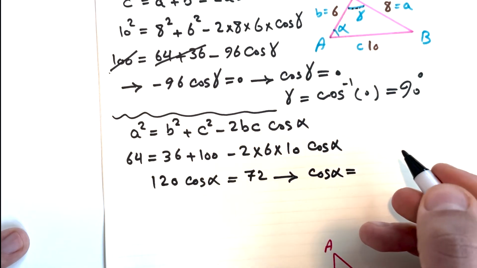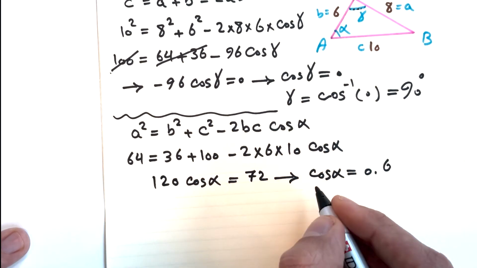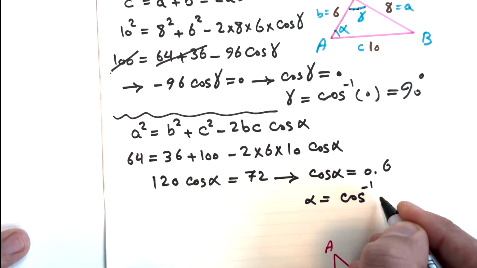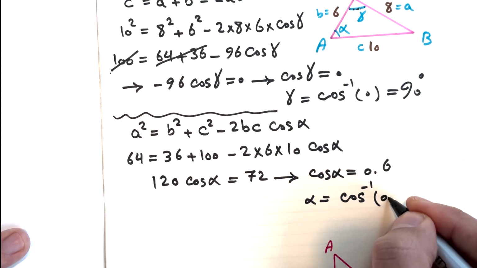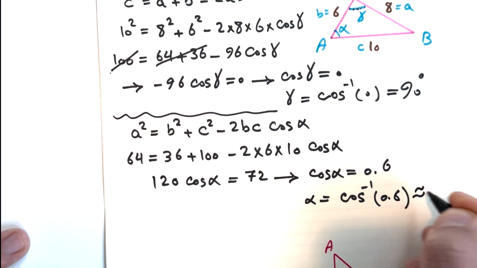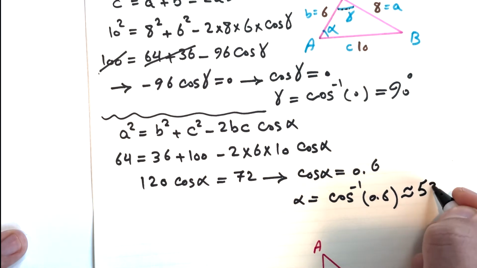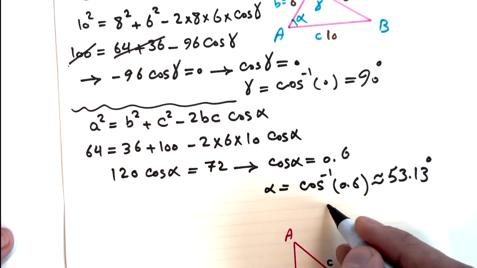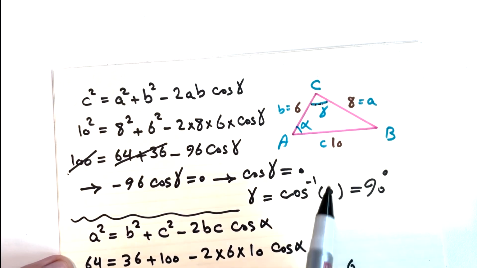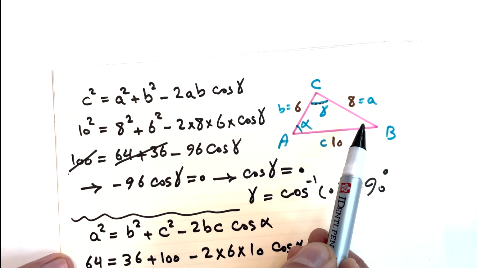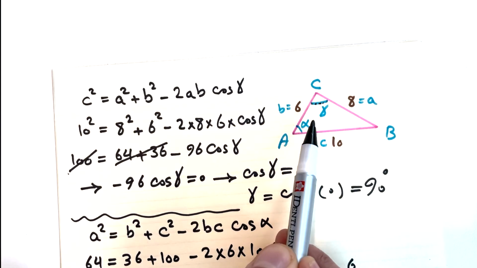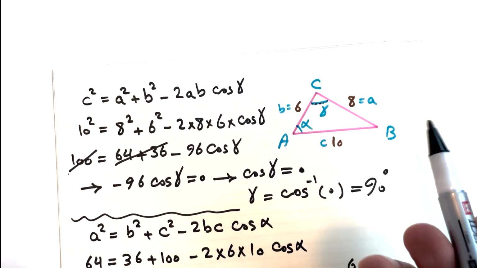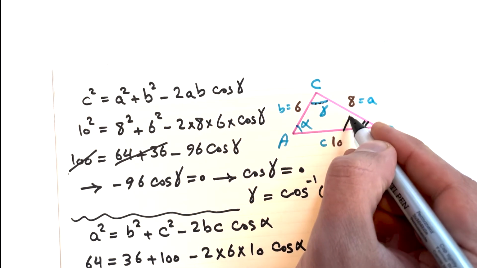Cosine alpha is equal to 0.6, and therefore alpha will be arc cosine or cosine inverse of 0.6, which approximately alpha will be 53.30 degree. Of course, now you have alpha, you have gamma, and you know that the sum of all angles in a triangle will be equal to 180 degree, and you can easily find this angle, beta, too.